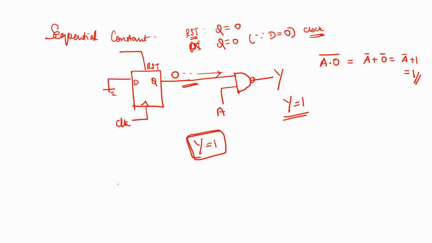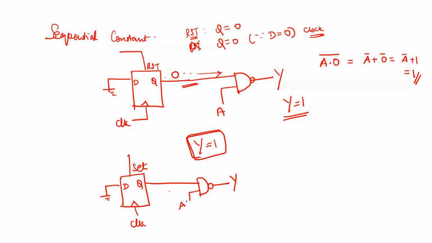Now there's a very interesting point I want you to note here. Let's say for the sake of argument, I have a set flop connected here, and D is connected to 0, and I have a Q and a clock. Now let's say the rest of the logic is the same.